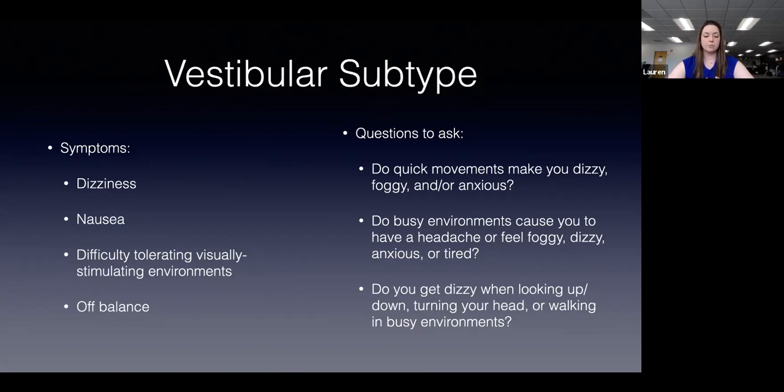The vestibular subtype is frequently seen with migraines and or anxiety because they share a lot of the same pathways. So when one is irritated, you're likely going to have a lot of irritation between all three of them. So you can also have migraine-related dizziness, also known as vestibular migraines, and migraine anxiety-related dizziness. So if there's one, there's likely a component of all three as well.